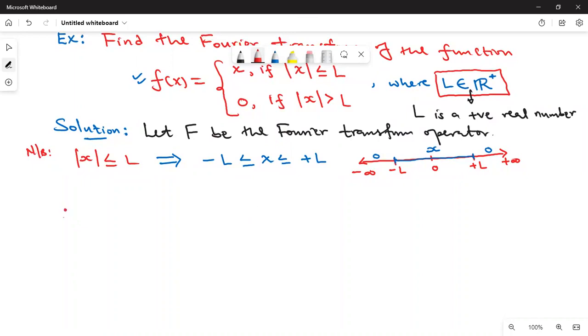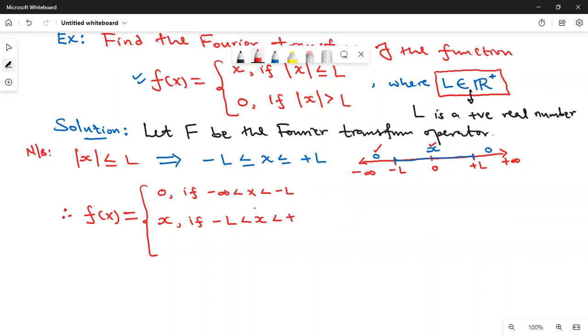The function f of x is 0 if negative infinity is less than x less than negative L; it is x in the interval negative L less than x less than positive L; and it is 0 if L is less than x less than positive infinity.